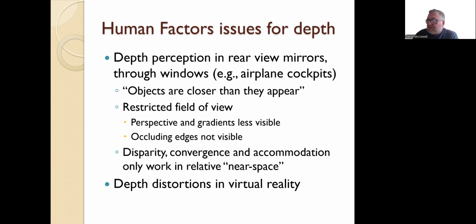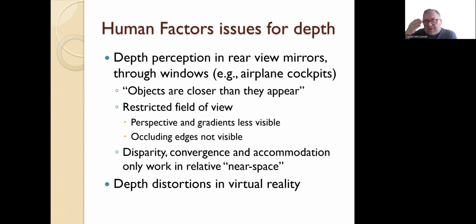As I noted before, again, with VR, there's a variety of known distortions of depth perception in virtual reality. Some of it could be because of restricted field of view. Some of it could be because of other kinds of poor renderings of textures and linear perspective. Some of it could be because of the lack of good accommodation cues, perhaps, right?